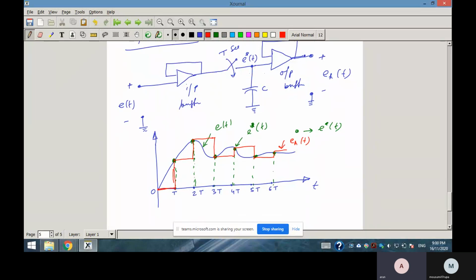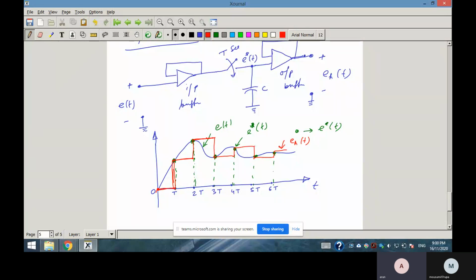This is 0, then this much. This voltage will be held here till the next level comes. So here the initial voltage was 0, so this voltage will be held till the next value of voltage comes, and like this.